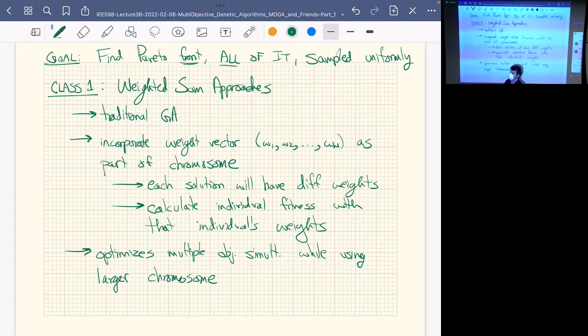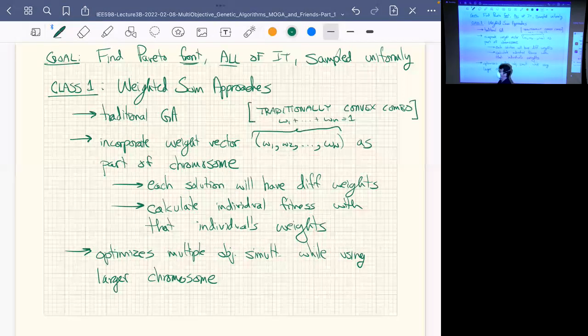Is it a convex combination? Is it a conical combination? That's kind of the question here. Traditionally, this is a convex combination, which just means that the weights add up to 1 when we do multi-objective optimization.